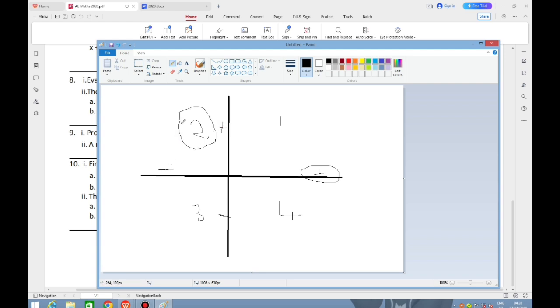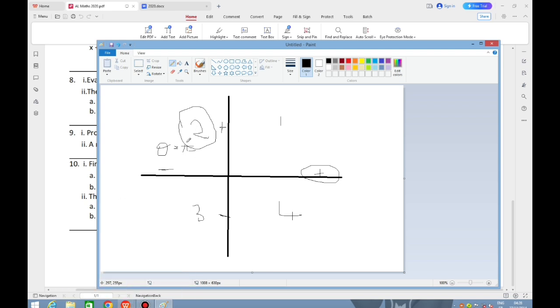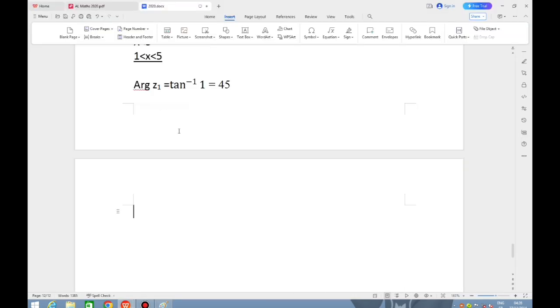And in the second quadrant, the angle is equal to 180 degrees, or pi, minus what you got. So the angle you get in the second quadrant is 180 degrees minus the angle you're able to calculate. From our calculations, we got that the arg of z1 is equal to 45 degrees.